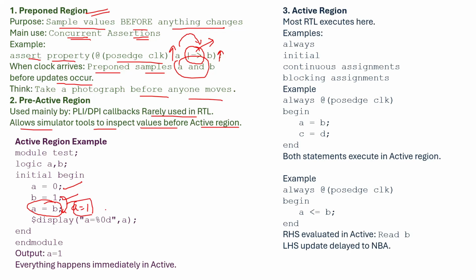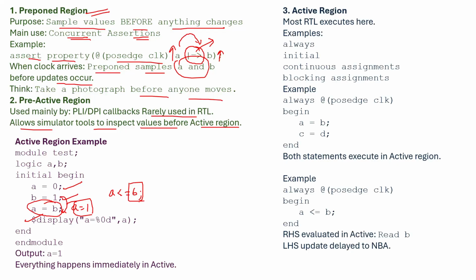All the blocking statements are executed in this active region, and $display statements are also executed in this active region. And sometimes when I take A less than or equal to B, this B value will be evaluated in this active region.